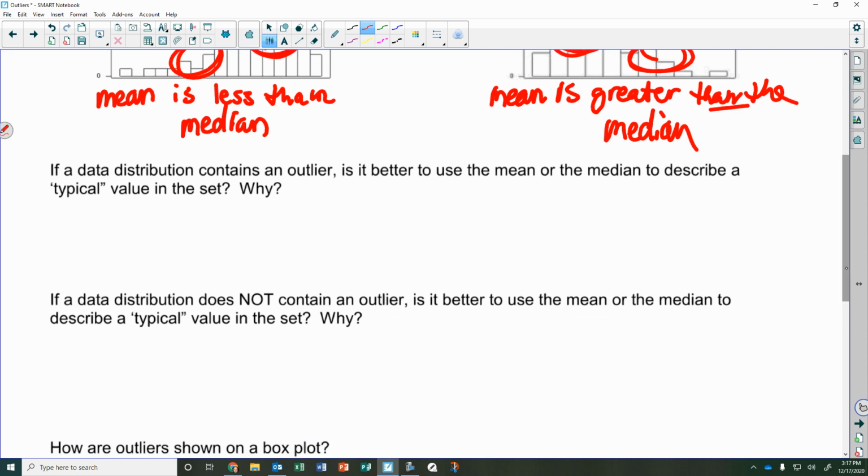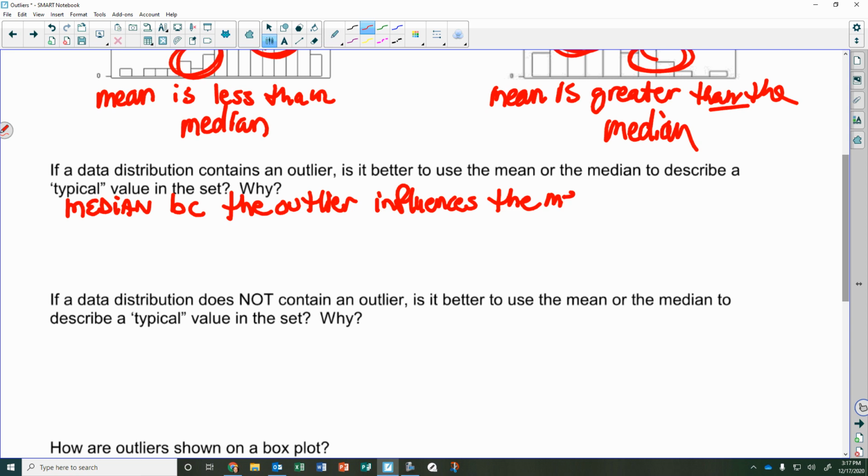If a data distribution contains an outlier, is it better to use the mean or the median to describe a typical value in the set? Do we want to use the median? Because the outlier influences the mean.